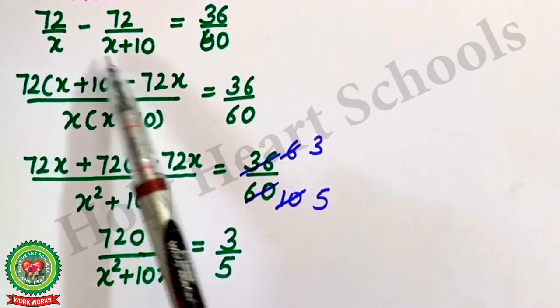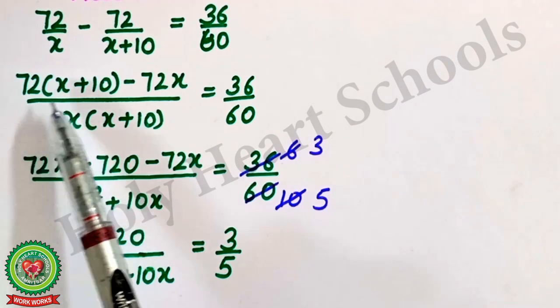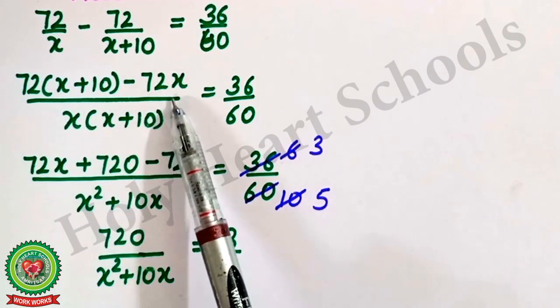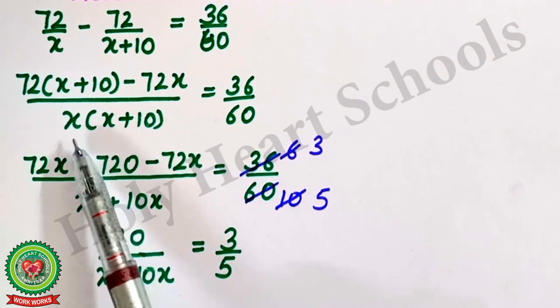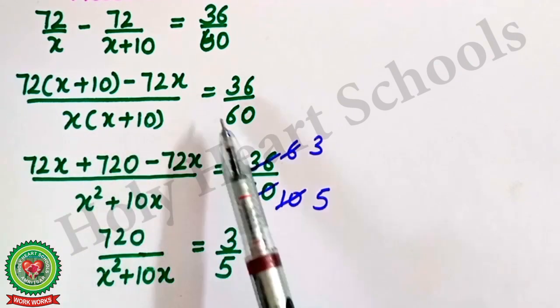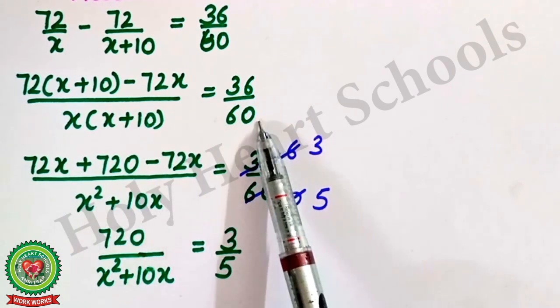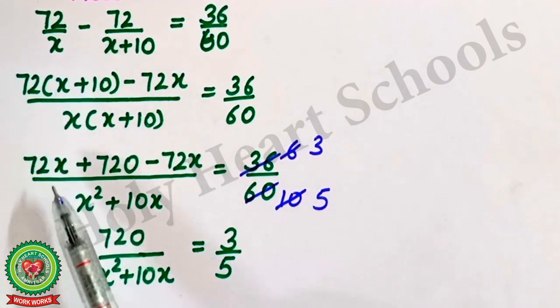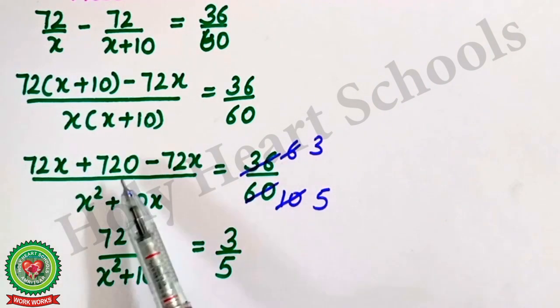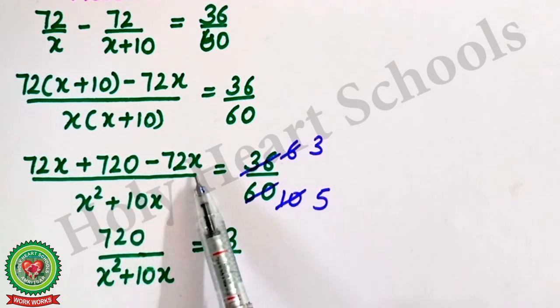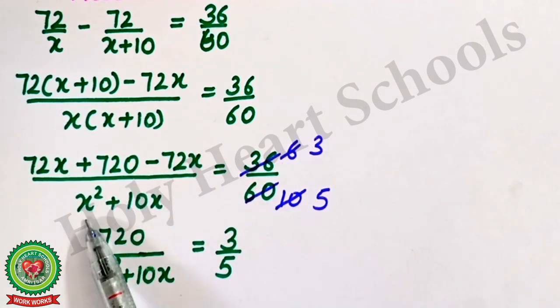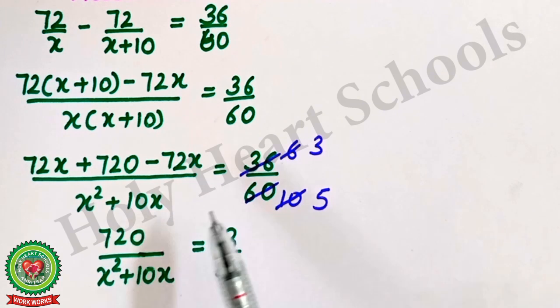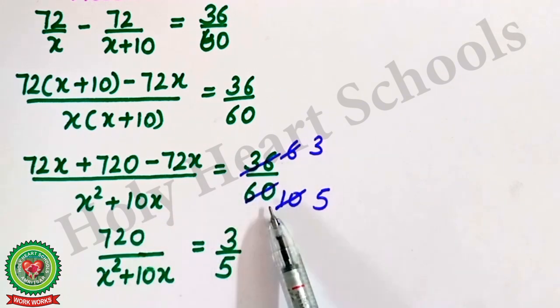After taking LCM, 72 into x plus 10 minus 72x upon x into x plus 10 equals 36 upon 60. Then the arrow method: 72x plus 720 minus 72x upon x square plus 10x equals 36 upon 60.